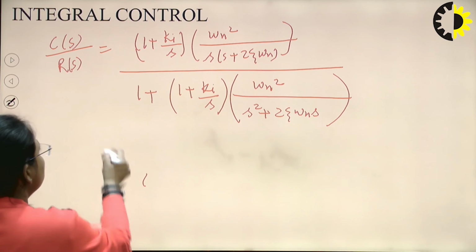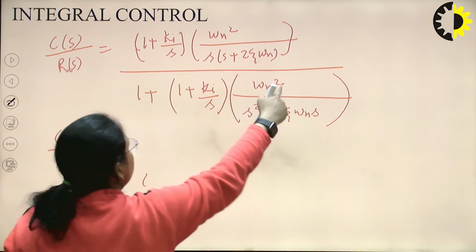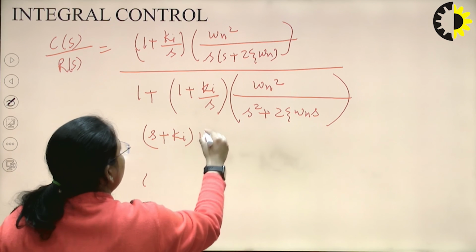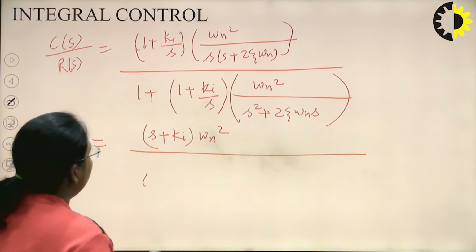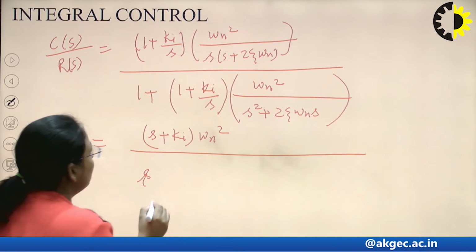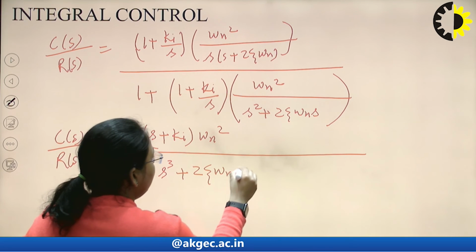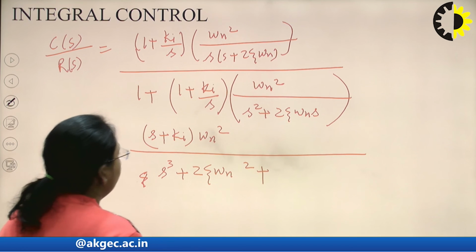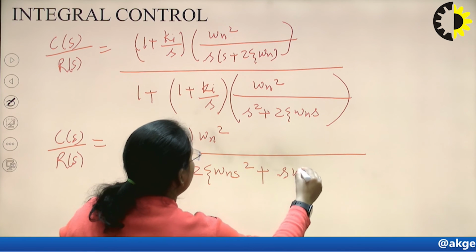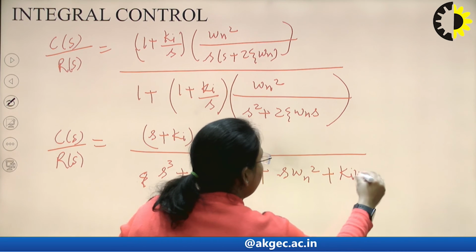When I simplify this transfer function, this term will get cancelled with the denominator term, and I can write it as (s plus Ki) into omega n square, upon s cube plus 2 zeta omega n s square plus s into omega n square plus Ki into omega n square.